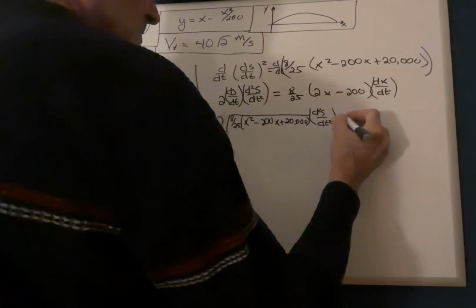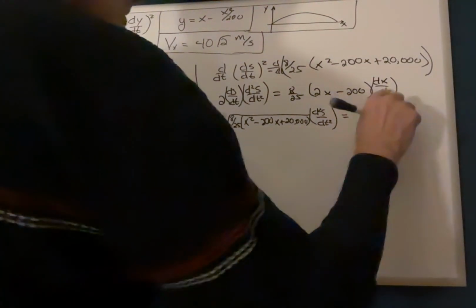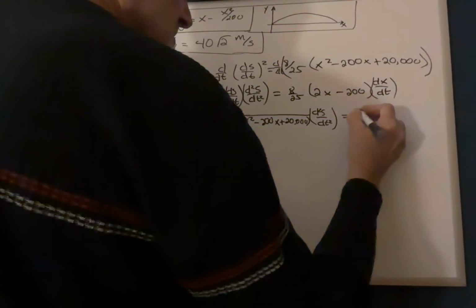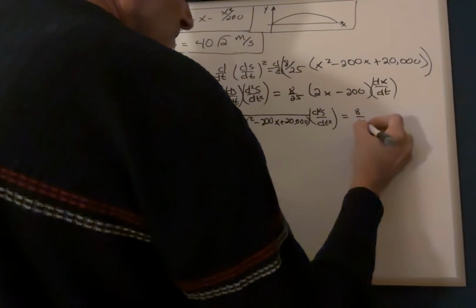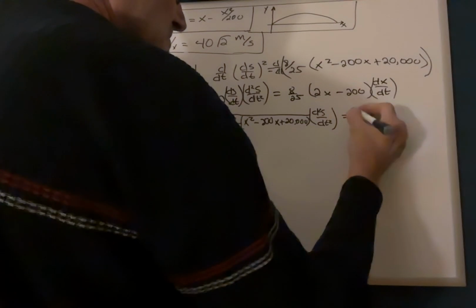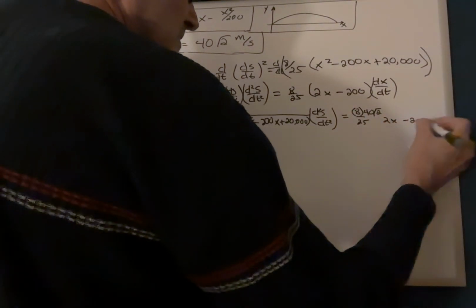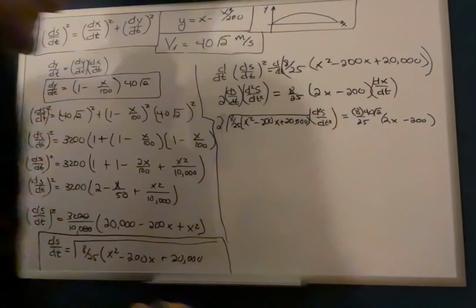And then this is going to be equal to 8 divided by 25 times 40 times 2x minus 200. We're almost home.